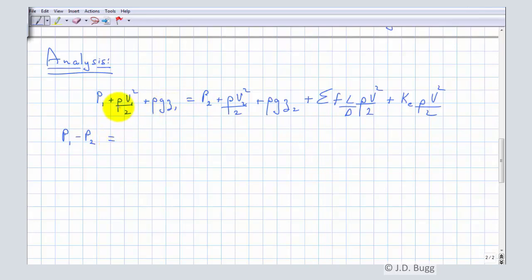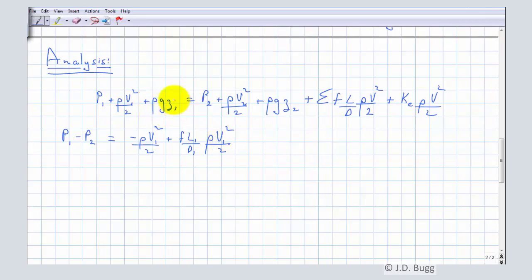So the kinetic energy term at point 1 will become minus rho V1 squared over 2. But notice in pipe 1, there's also going to be some frictional losses. So I'll put plus FL1 over D1, and that's in pipe 1. That's what the subscript 1 is for, times rho V1 squared over 2, because it's got to be based on the velocity in pipe 1.